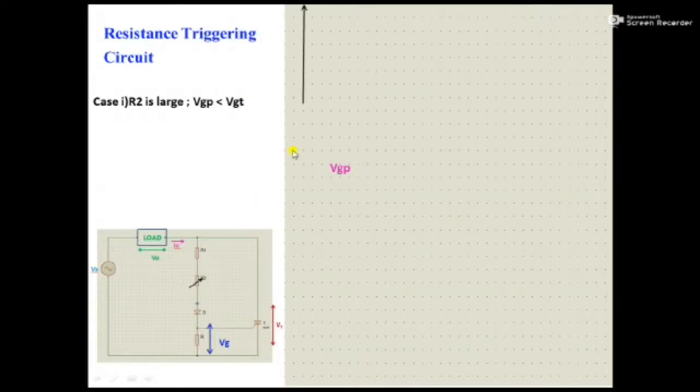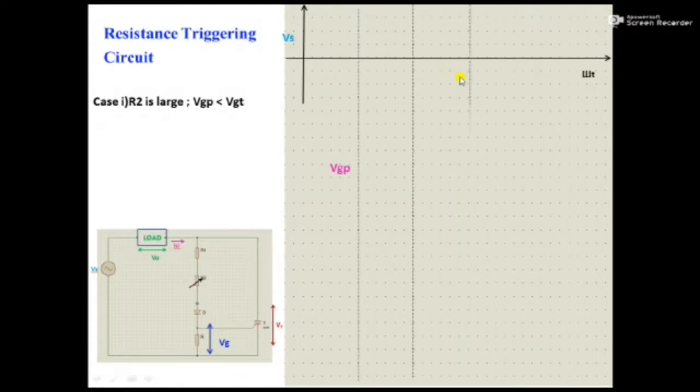This is the waveform for our supply voltage Vs, which is an alternating voltage, AC voltage. Let us mark the time intervals. This waveform is Vs with respect to omega t. This is your first time period, this is the second time period, this is the third time period.